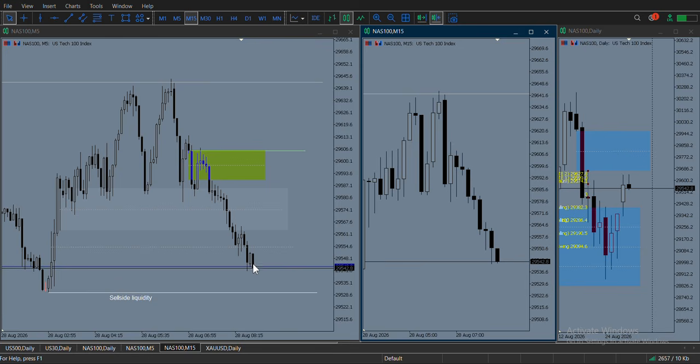So very nice decline here. We're trading at 542 now.